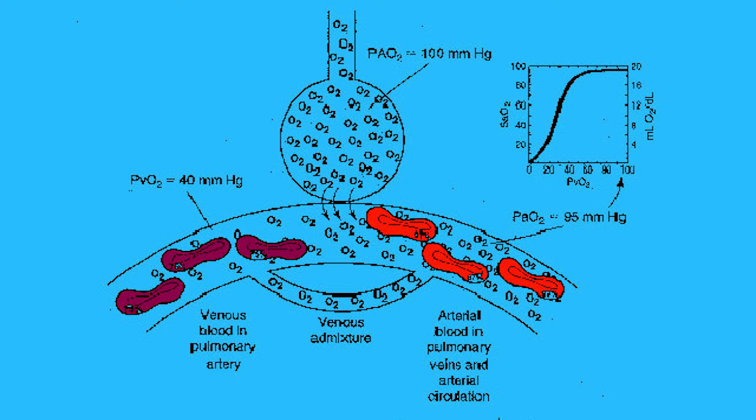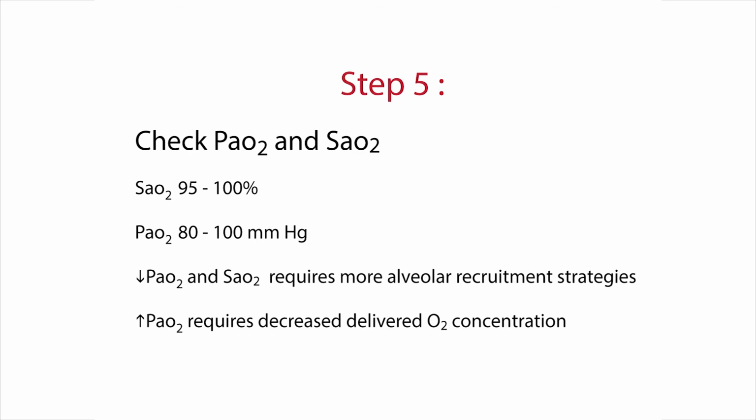Hemoglobin is the primary transporter of oxygen. Oxygen must be released from the hemoglobin, dissolve in blood, and exert pressure to diffuse across the cell wall. So we check PaO2 and oxygen saturation to determine whether they are decreased, normal, or increased.